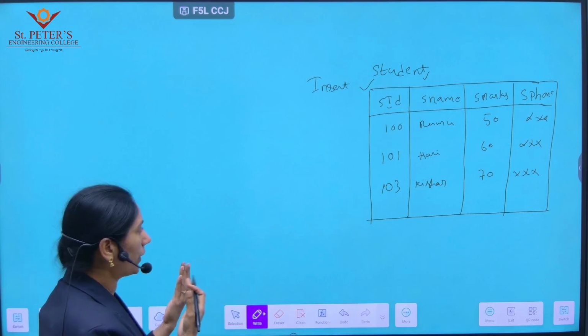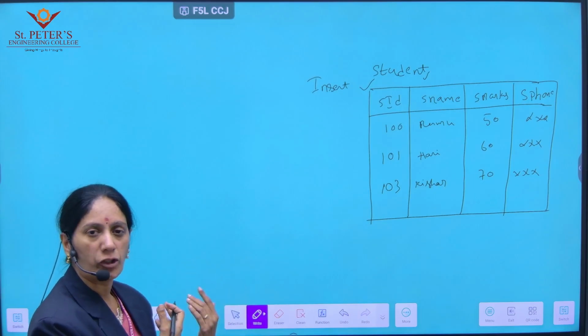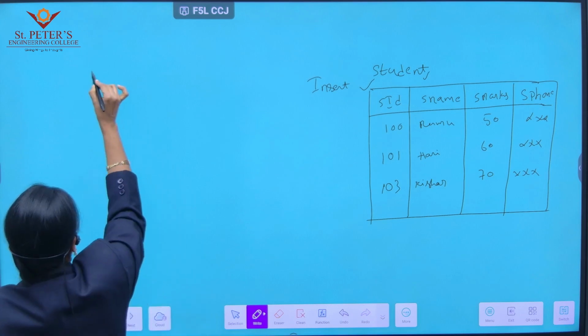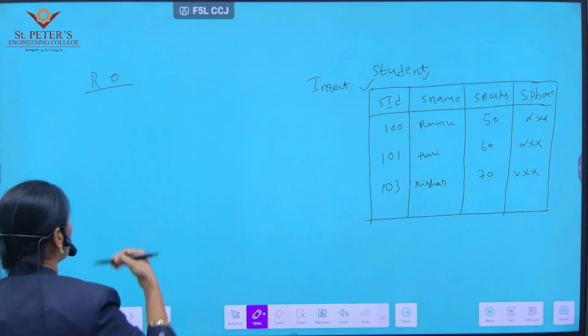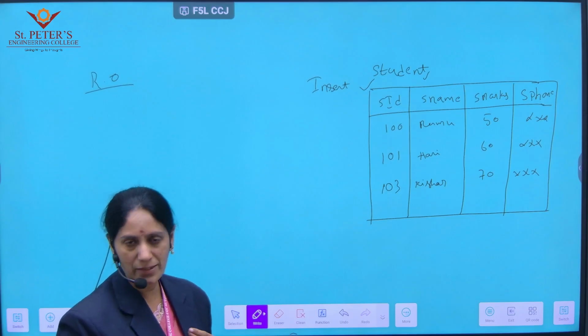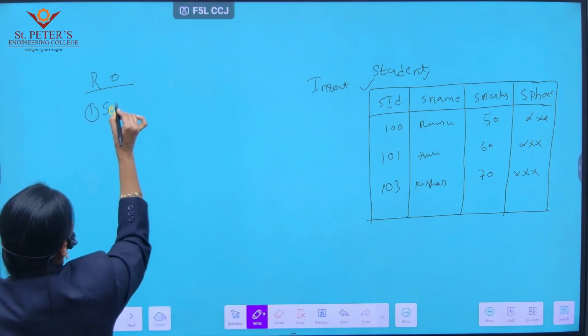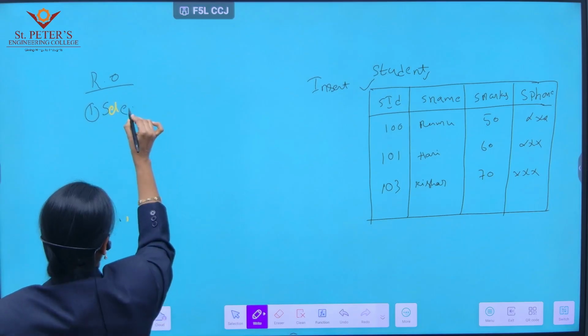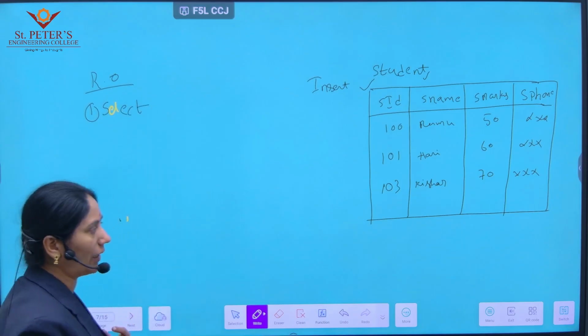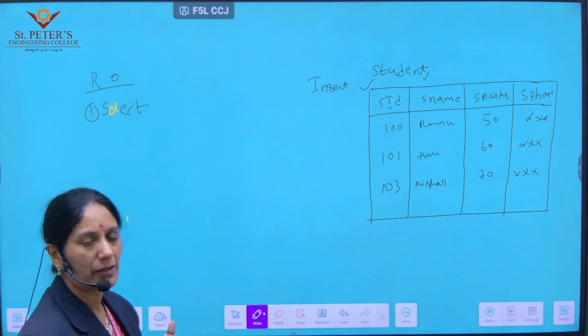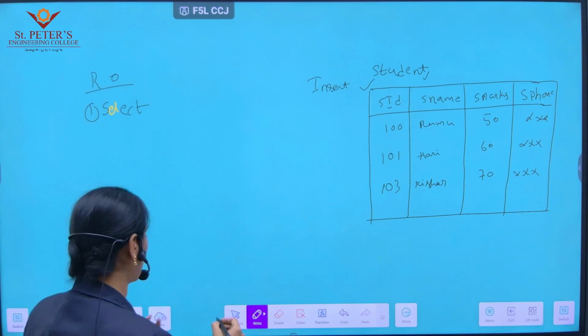Then we come to the topic called relational operations. In relational operations, the first operation is the select operation. What is the syntax of the select operation?